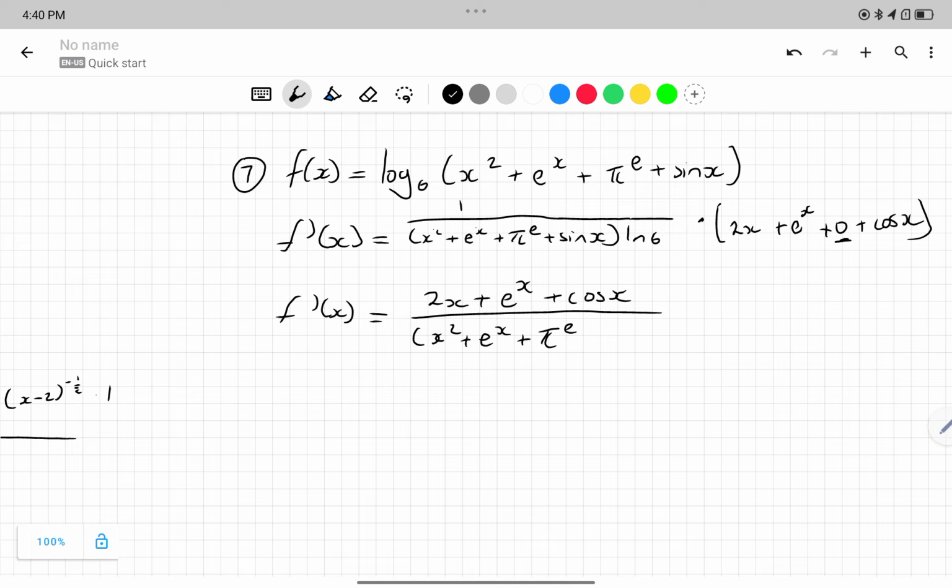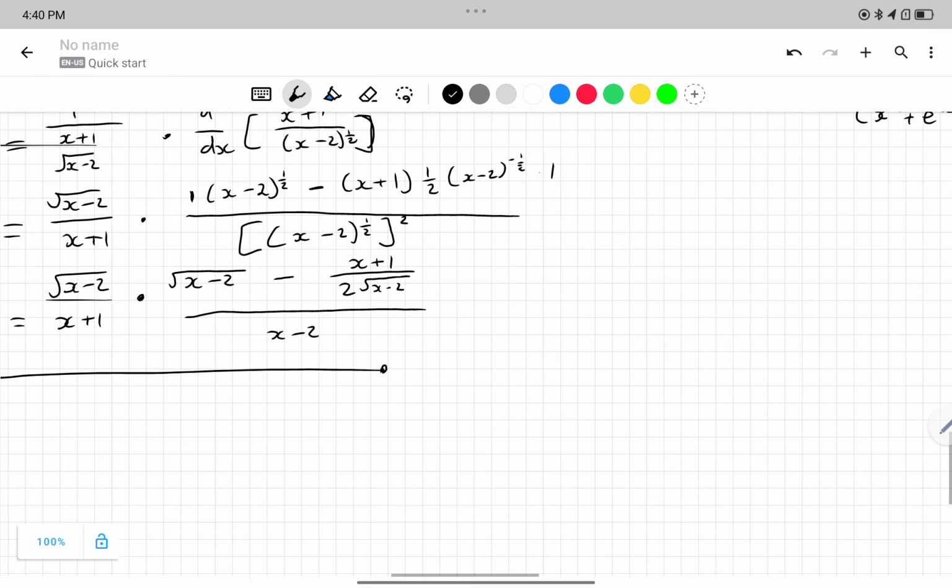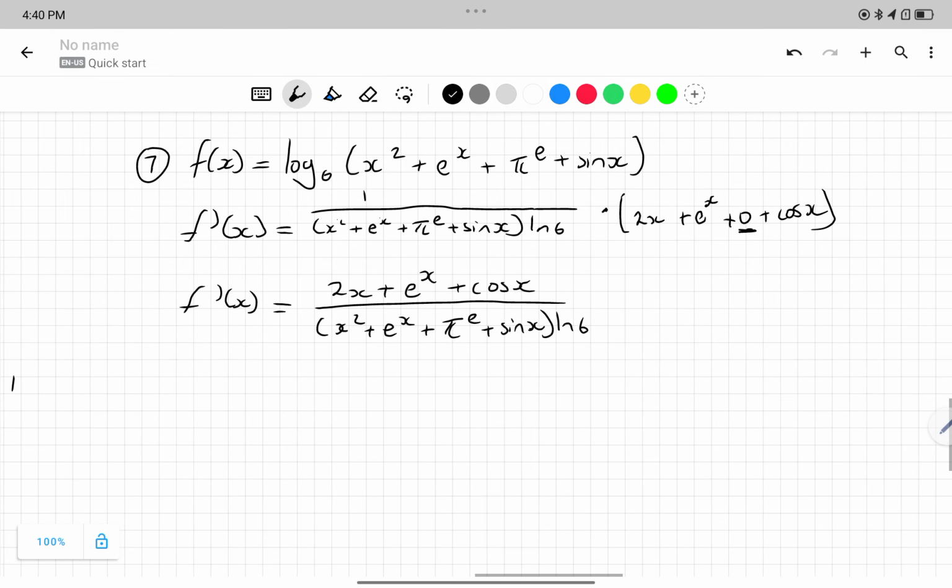Why is this one 0? Because it's not in terms of x. Pi to the e is a constant, so it gives a constant. Yeah, this is what we have.